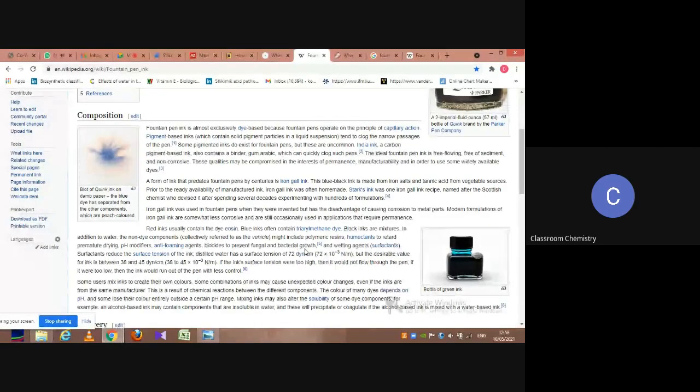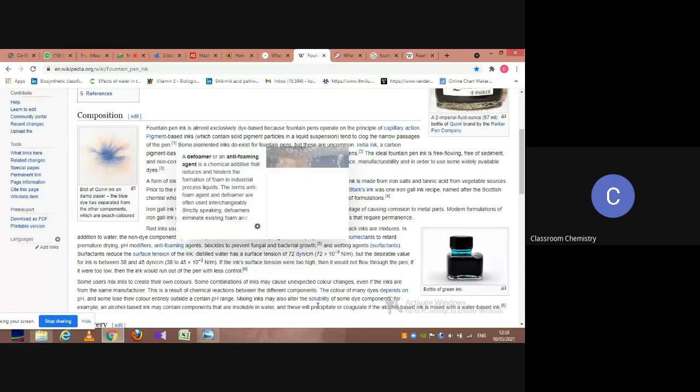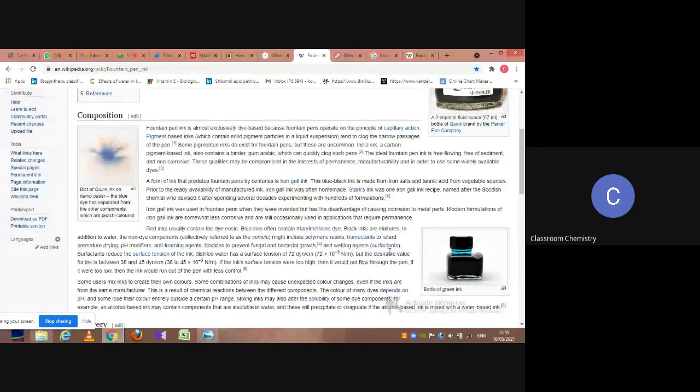So these are some components we have to add to avoid such things. If you want to avoid fungal or bacterial growth, then we have to add some biocides. Okay, foam जर avoid करत असेल तर then we have to add the anti-foaming agents. Okay, then surfactant is added to avoid the wetting problem. Okay, and these surfactants reduce the surface tension of the ink.